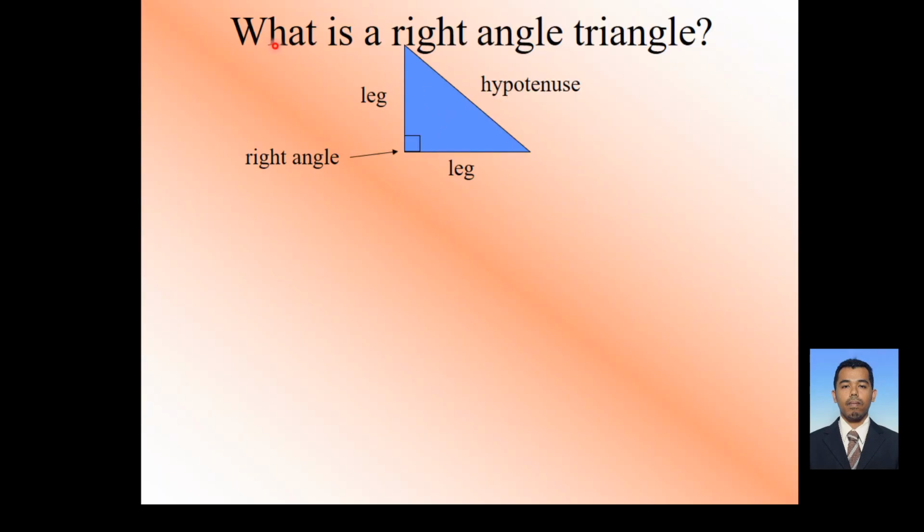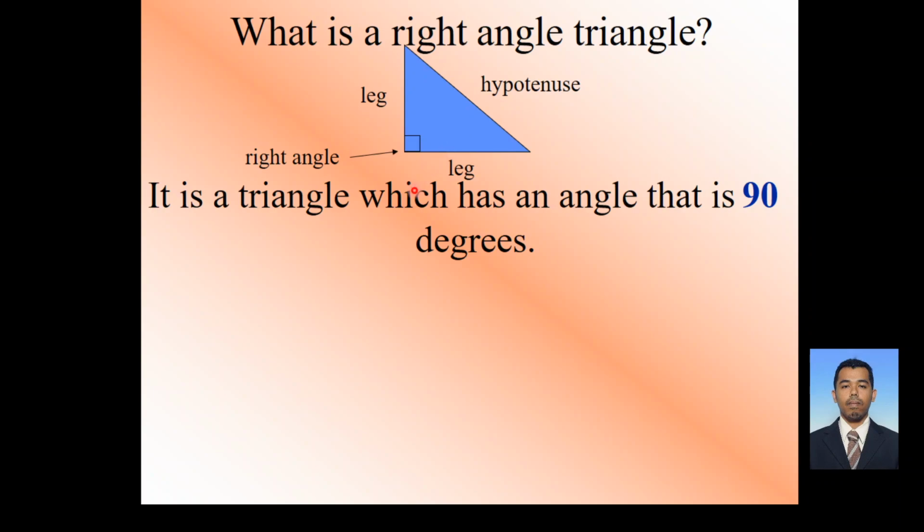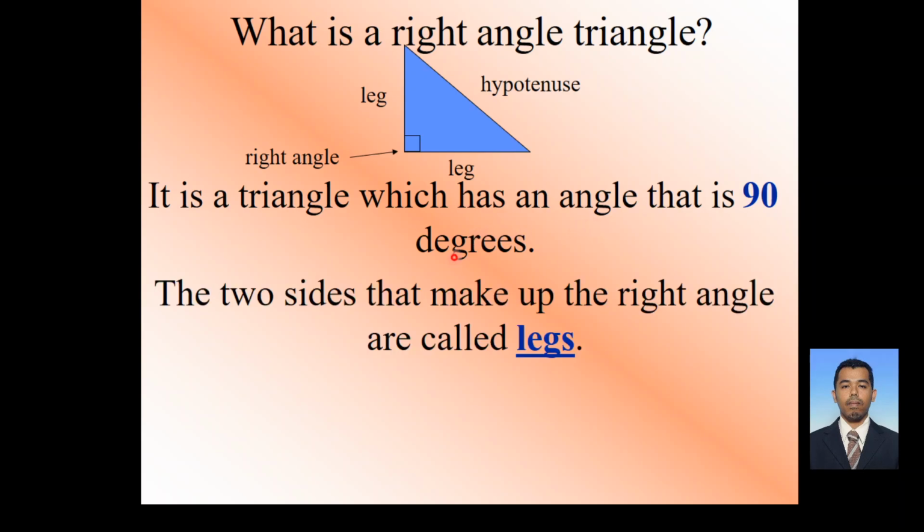First of all, what is a right angle triangle? A right angle triangle is a triangle which has an angle that is 90 degrees. The two sides that make up the right angle are called legs.